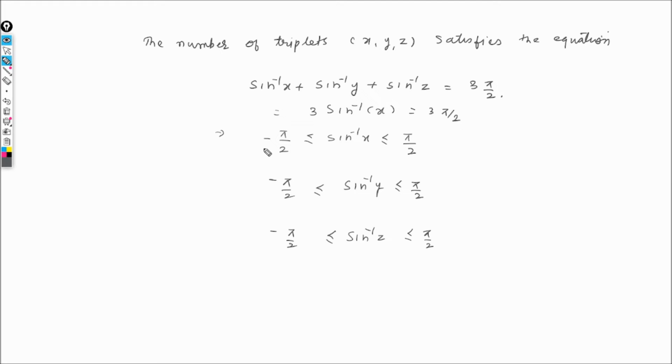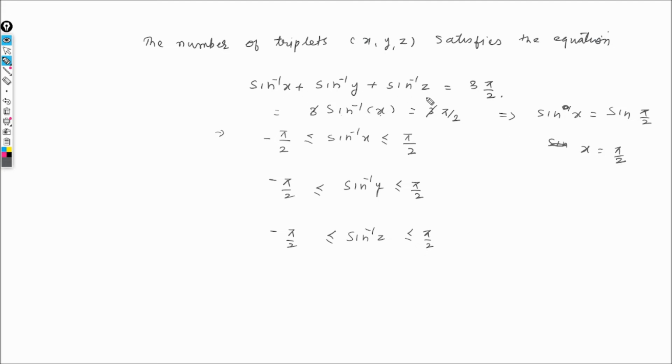Here the sum is equal to 3 pi by 2. So this 3 will get cancelled. Sine inverse of x is equal to pi by 2. I'll write, sine inverse of x is equal to pi by 2 means x is equal to sine of pi by 2.